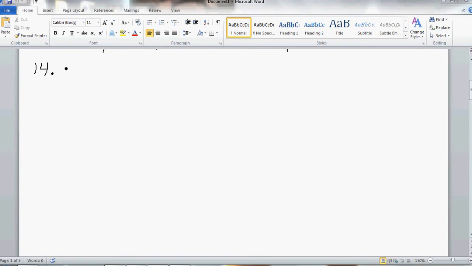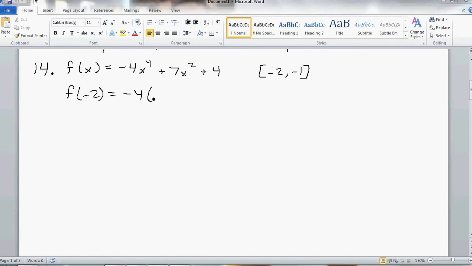So all we have to do here is, since f of x equals -4x to the 4th plus 7x squared plus 4, and it's from -2 to -1, let's plug in -2. F of -2 is -4 times -2 to the 4th power plus 7 times -2 squared plus 4, equals -4 times 16 plus 7 times 4 plus 4.